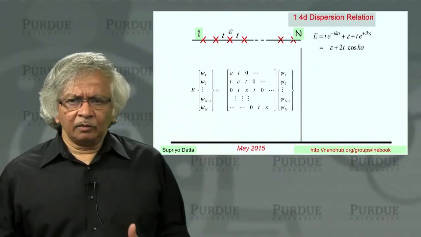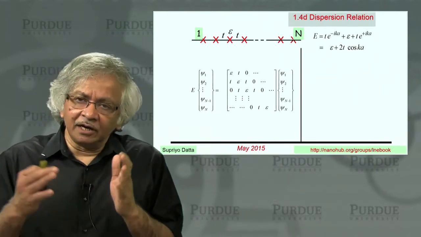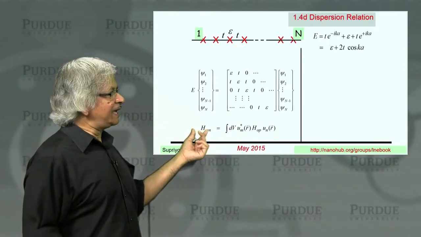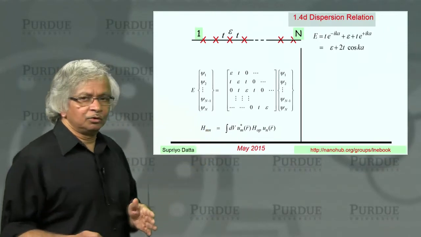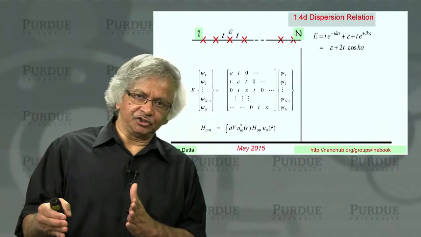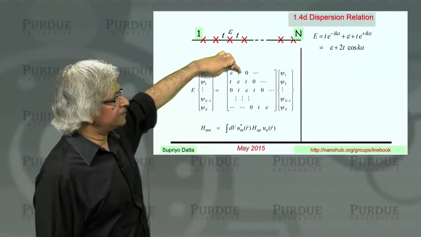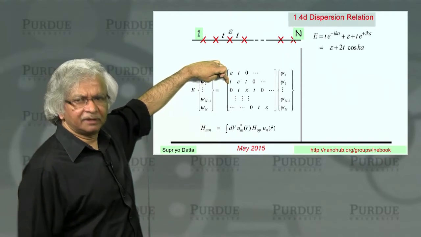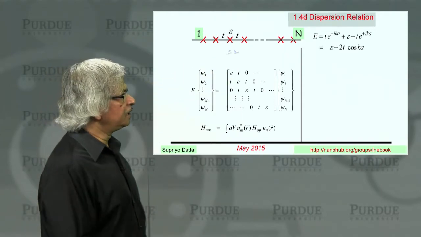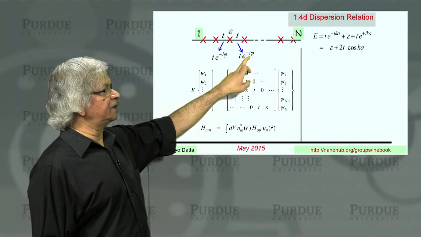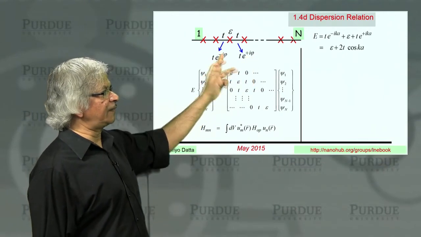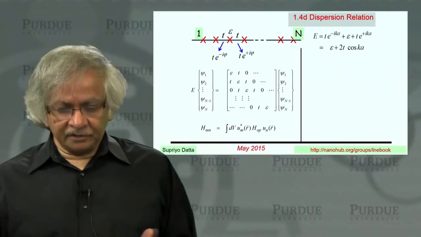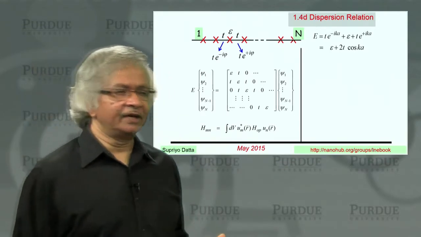You see, the matrix has to be Hermitian, and what that means is H_mn will be equal to H_nm complex conjugate. So if you have t here, the number there must be its complex conjugate, but they don't have to be equal. So in general, you could have, say, t to the power plus i phi and t to the power minus i phi. Well, what would be the dispersion relation then, this E-k relation?